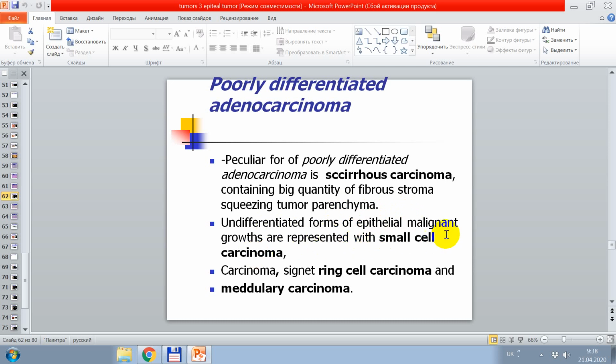Undifferentiated forms of epithelial malignant growth are represented by small cell carcinoma, signet ring cell carcinoma, and medullary carcinoma.